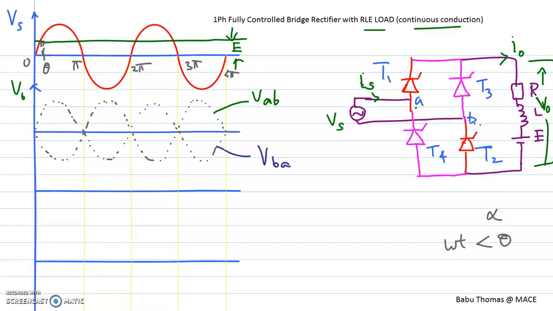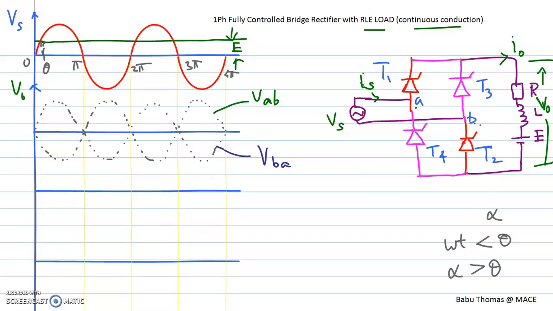So basically your thyristors T1 and T2 will not be in the forward biased condition, and therefore you won't be able to trigger the thyristors from 0 to theta. So in order to get your thyristor turned on, obviously you have to trigger at an angle alpha which is greater than theta. That is, above theta only your thyristor will get fired, because T1 and T2 get forward biased at an angle omega t greater than theta, and that is nothing but your firing angle alpha.